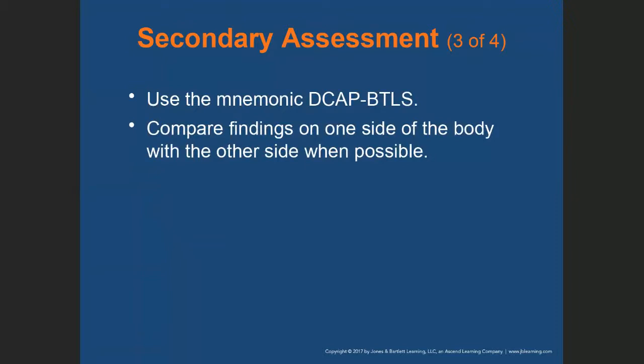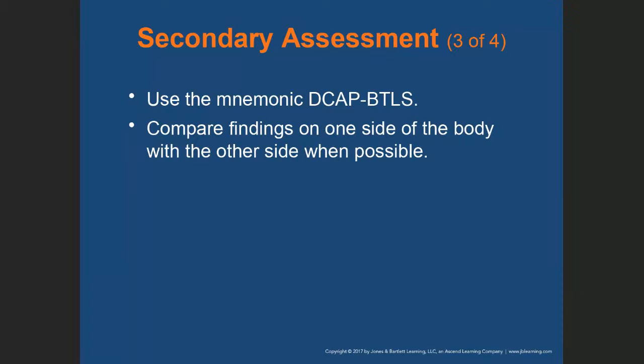We will be using the DCAP-BTLS again, but we're going to be going a little bit slower in the secondary assessment. So the purpose of the secondary assessment is to identify problems or injuries that may have been overlooked or developed slowly.